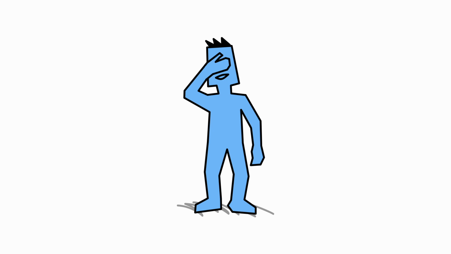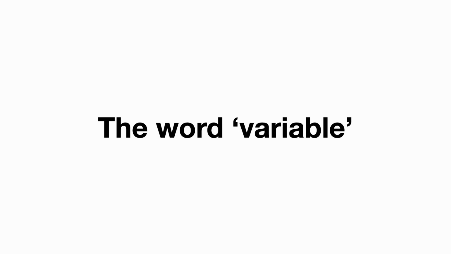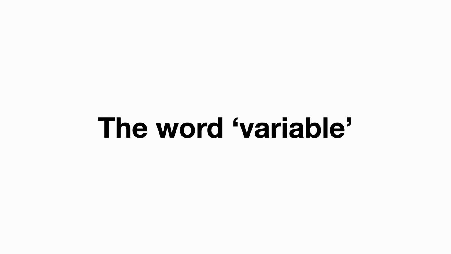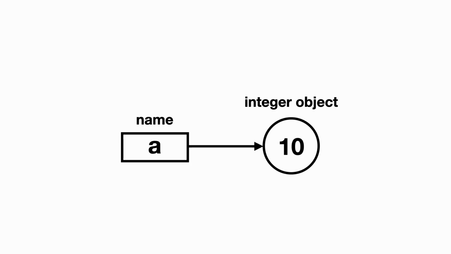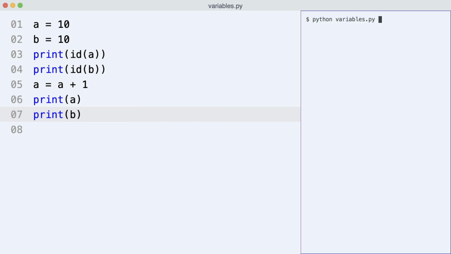Now, there is one more thing I need to talk about. As you might know, the word variable means changeable. But since a variable is composed of a name and value, what is it exactly that can be changed? I increment a and print a and b. Notice that a and b have different values.